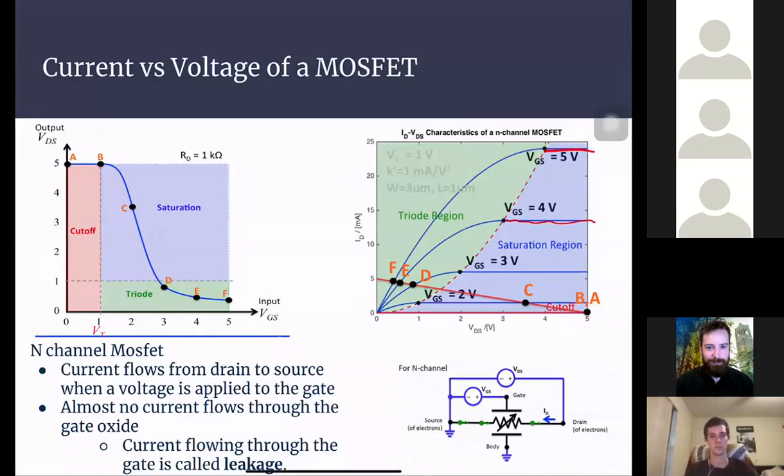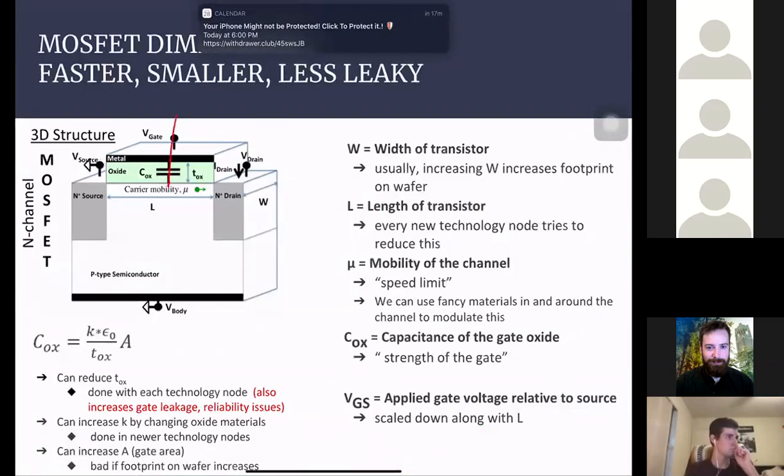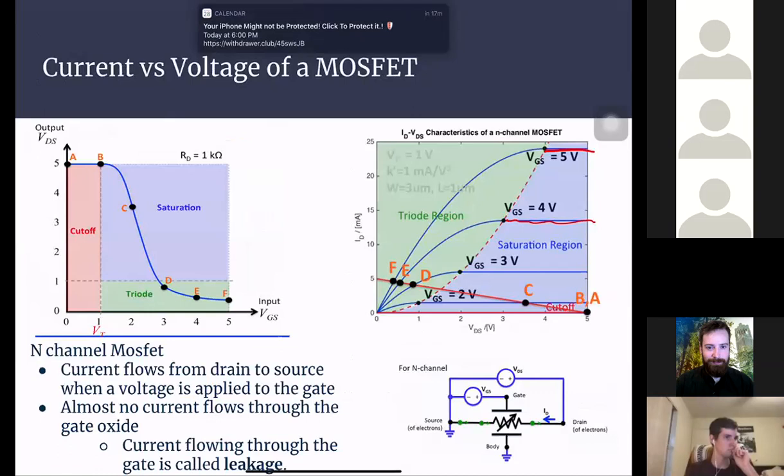That's the entire reason why we favor using the saturation region, because the current is stable. In the triode region, it might not be so. It's difficult to control. And in cutoff, there is absolutely no current for a given drain to source voltage. Yes, the current flowing through the gate, the current that flows back from here, is called leakage current. We don't want that, so we try to reduce it using better materials.